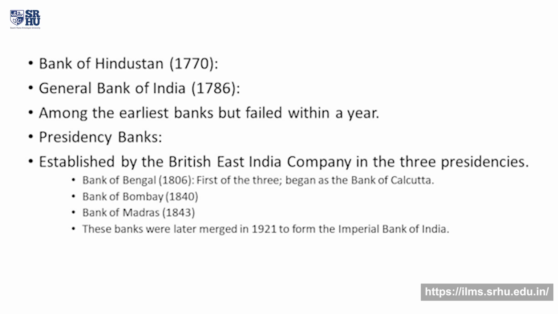These banks were later merged in 1921 to form the Imperial Bank of India, which served as a quasi-central bank before the RBI was established. It played a crucial role in handling government accounts and currency operations. It was considered the major financial institution in India during that time.